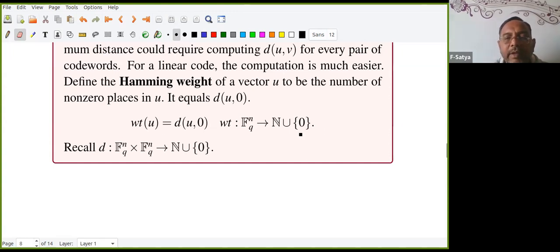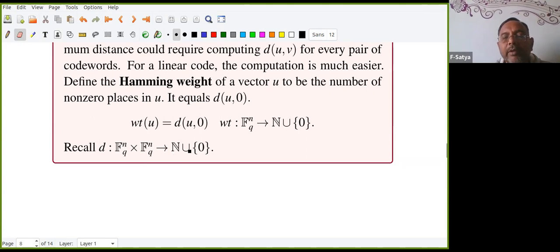Now recall that d is a map. Distance is a map from F_q^n cross F_q^n, and again distance is greater than or equal to 0. In fact, we proved that it is 0 less than or equal to d less than or equal to n.